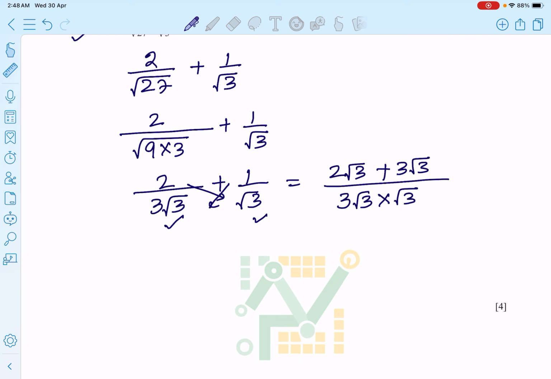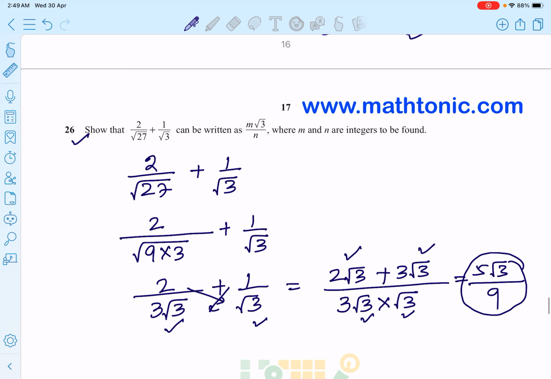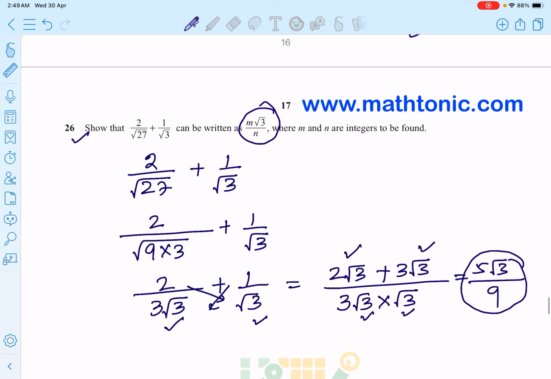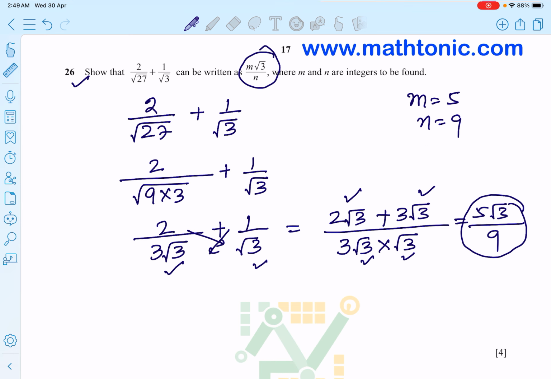So 2 root 3 plus 3 root 3 should be 5 root 3, over root 3 times root 3 becomes 3, and 3 times 3 becomes 9. So this answer should be 5 root 3 over 9. If you see the question, it says write the answer as m root 3 over n. So by comparing, we can say m equals 5 and n equals 9. Did you understand everyone clearly?